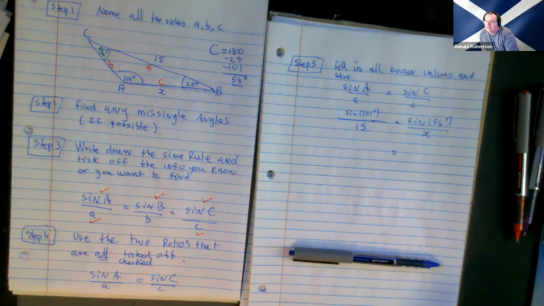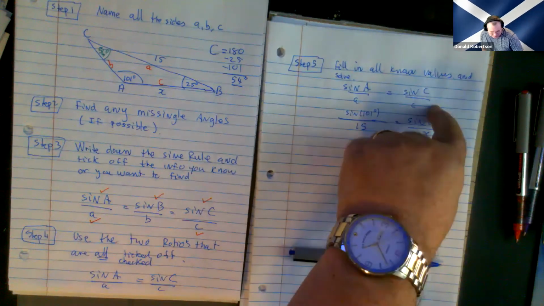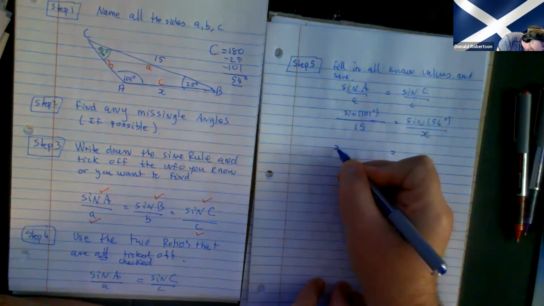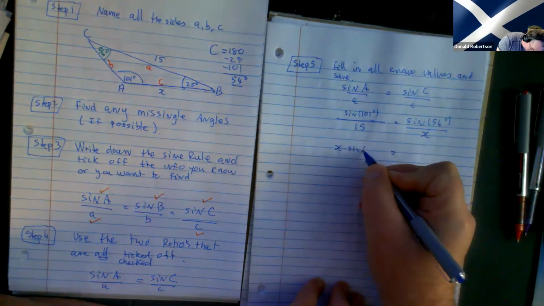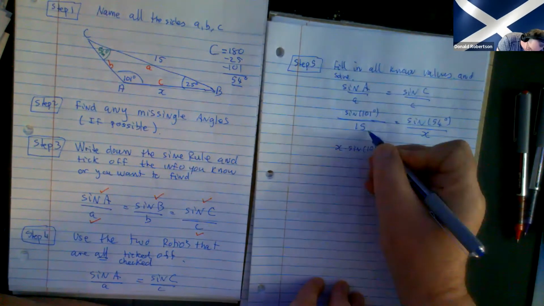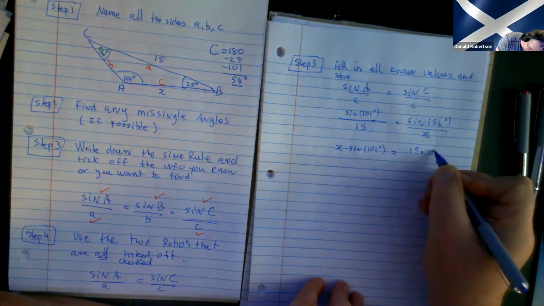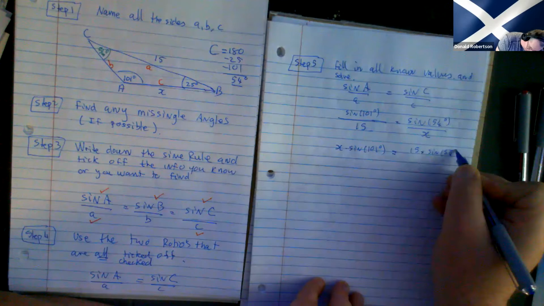What are you going to do next? Cross multiply. If you go those two, you get x times the sine of 101 degrees. And if you go this way, you get 15 times sine of 54 degrees.